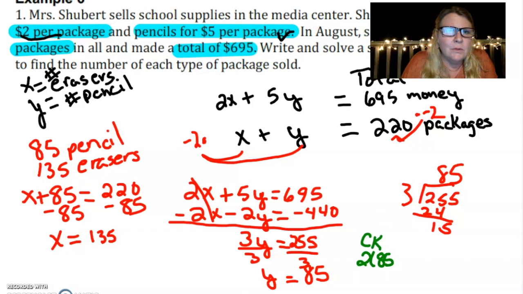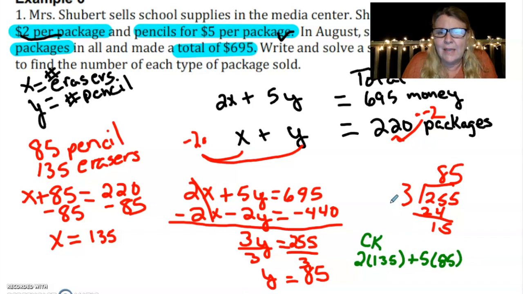Our erasers were 135. So $2 for our 135 erasers plus $5 for our 85 pencils.